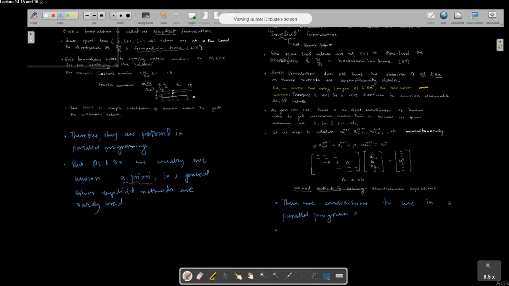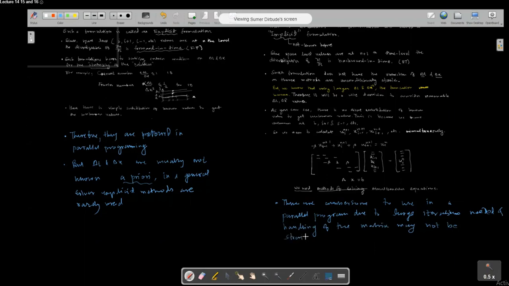Conversion to parallel is difficult due to the large iterations needed, and handling of the matrix may not be straightforward.